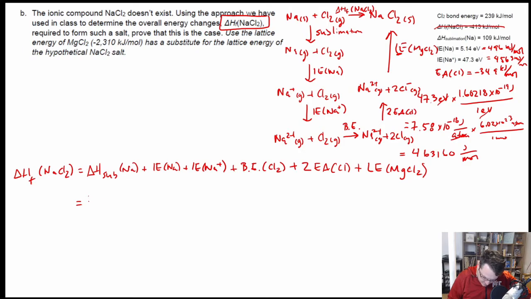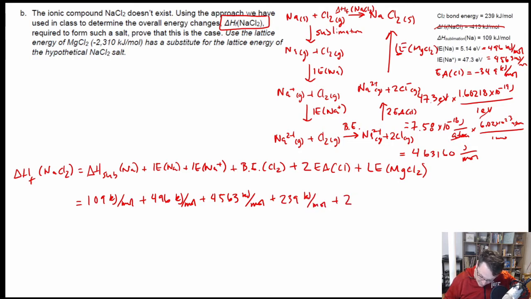So delta H of sublimation is 109 kilojoules per mole, plus the ionization energy, which is 496 kilojoules per mole, plus the second ionization energy, which is 4,563 kilojoules per mole, plus the bond energy of chlorine, which is 239 kilojoules per mole, plus 2 times the electron affinity of chlorine, which is negative 349 kilojoules per mole, plus the lattice energy of magnesium chloride, which is negative 2,310 kilojoules per mole, right?